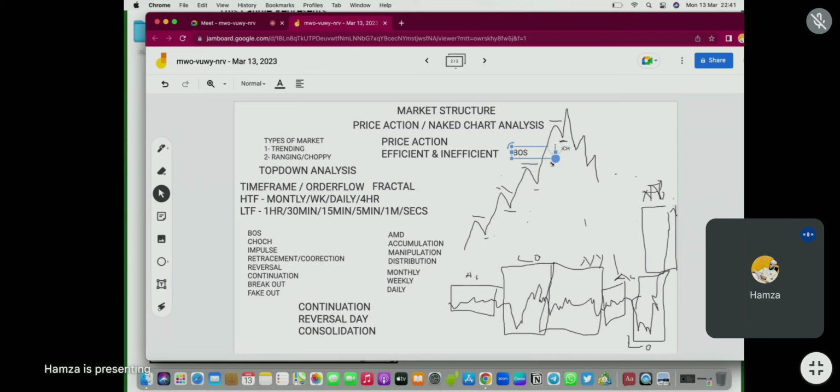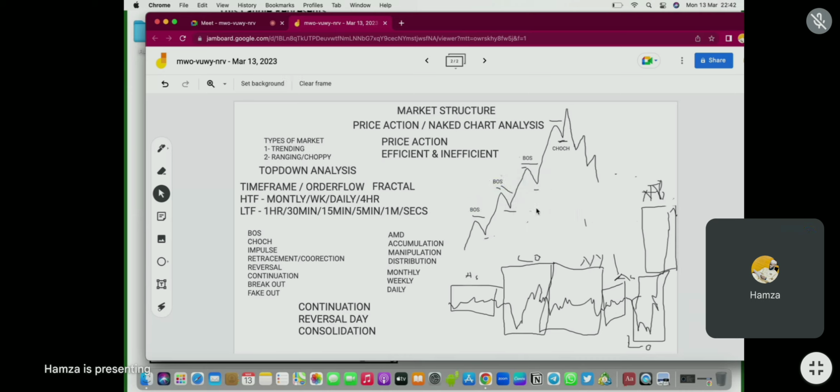So a BOS in the opposite direction of a high time frame trend is a CHoCH. But BOS complementing in the direction of the high time frame trend is a BOS. Am I making sense? So here, this is a BOS. This is a BOS here.